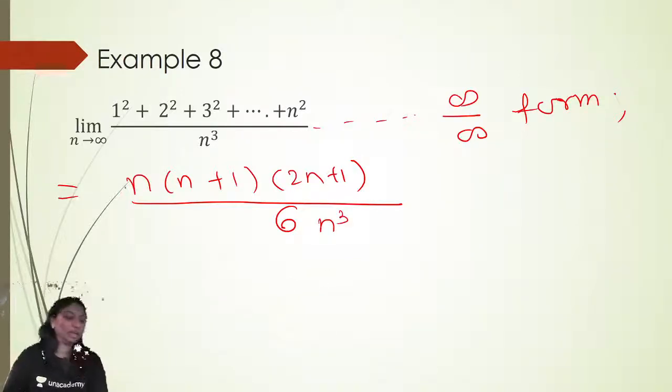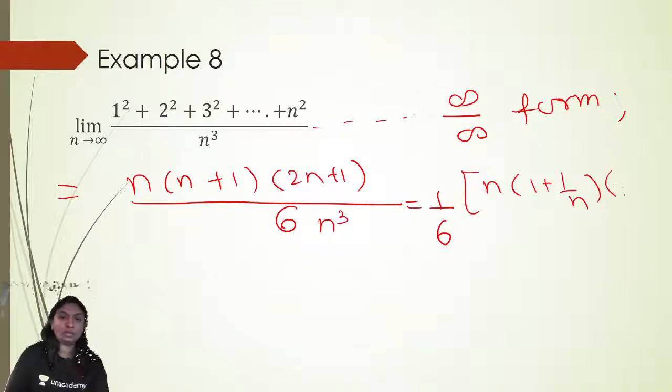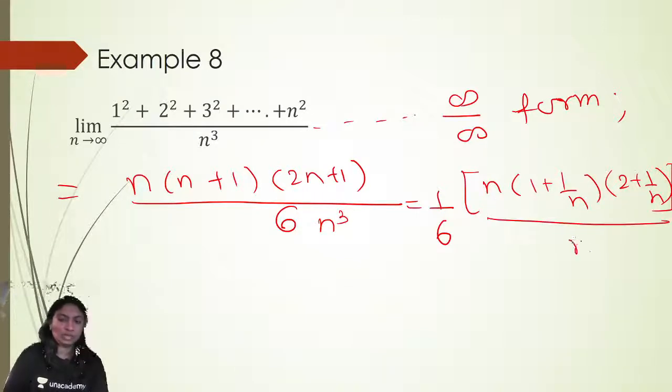So we can take n common, so you will get 1 by 6 into n into 1 plus 1 by n, 2 plus 1 by n, upon n cube.